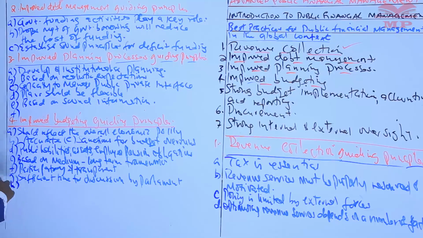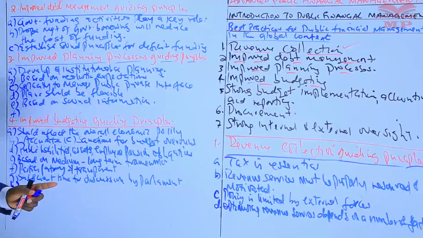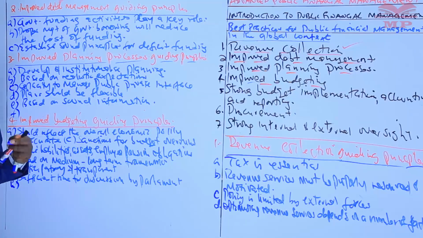Moving on, these are improved budgeting guiding principles we are discussing. Another point is that comprehensive information on the budget and its outturn should be widely managed and should assign clear responsibility from the political head of the department responsible for policy matters and outcomes to the head official.